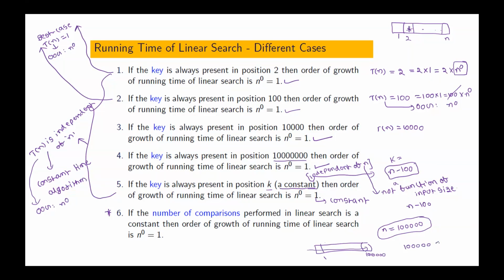It's a constant, so the order of growth is n power 0. So what is the time it takes? Constant time, no? Do you have any doubts here? No, sir. Okay.